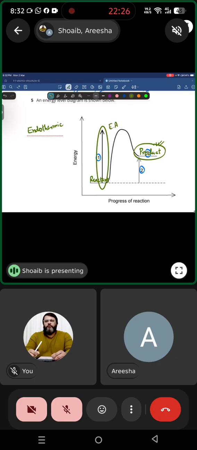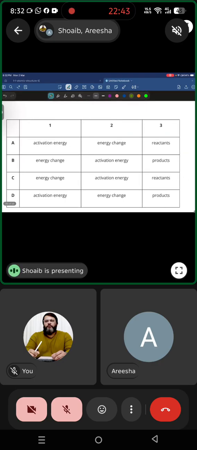Now the second one is the energy change, that is delta H. So one was the activation energy, the second was the energy change, that is delta H, and the third was the product. So D is the correct answer here. Any question here?